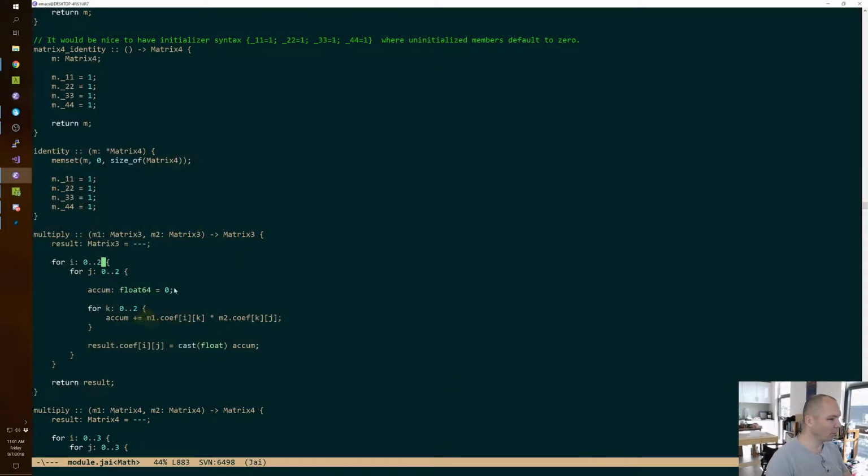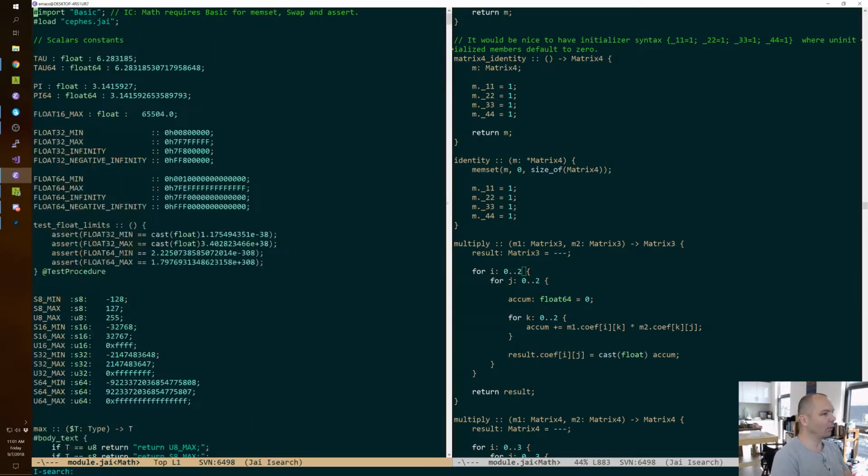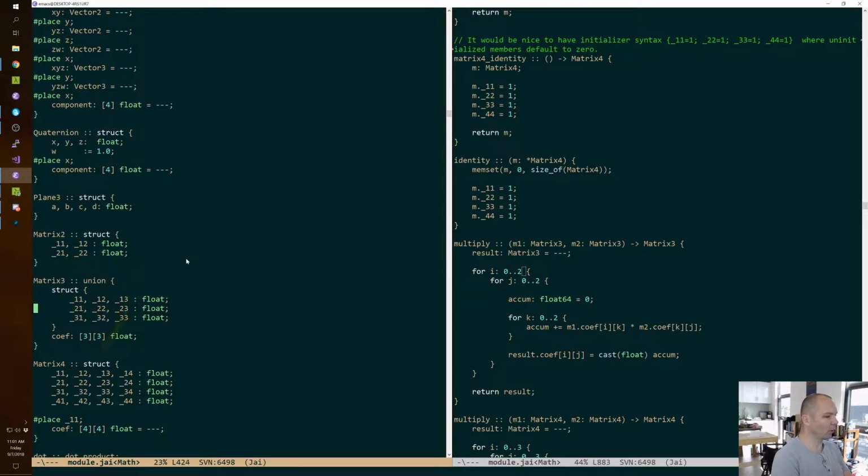Okay, what did I screw up? It's probably here. Maybe some of the definition of matrix 3. I didn't look at this very carefully.